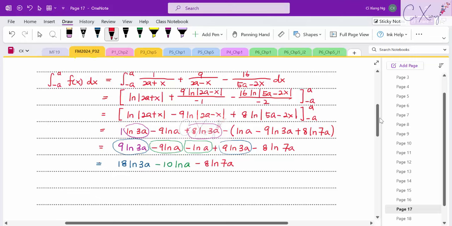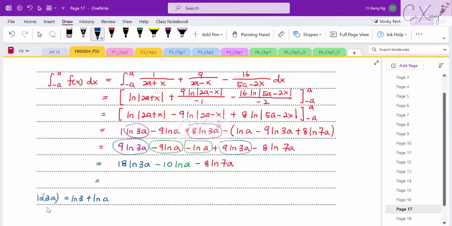All right, so we look at all these terms now. It looks very hard for us to express into the pattern that they want. Don't worry, we slowly expand it again. For the ln 3a, it can be written as ln 3 plus ln a, because when you have ln a plus ln b, you can combine them to become ln ab.